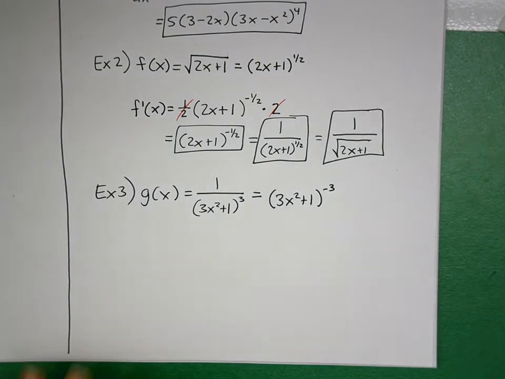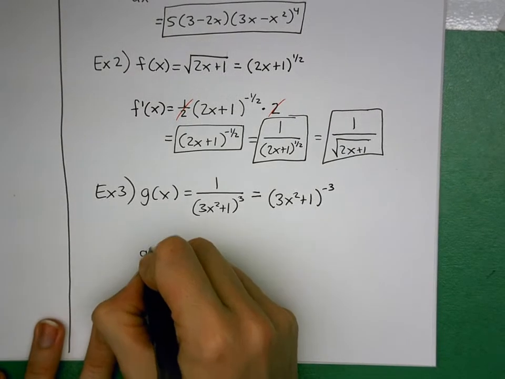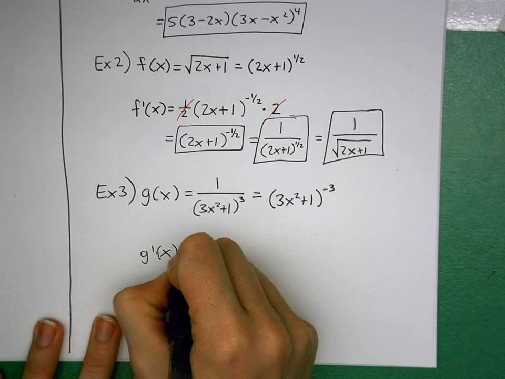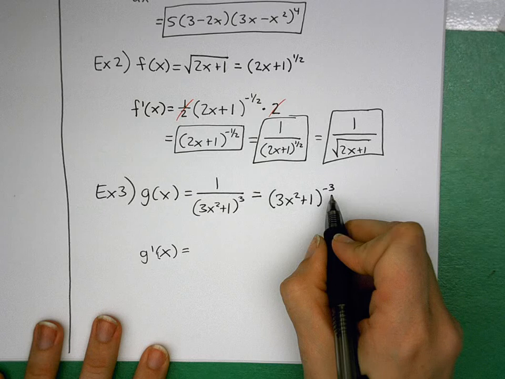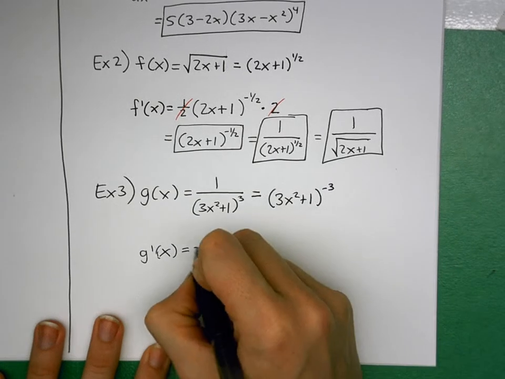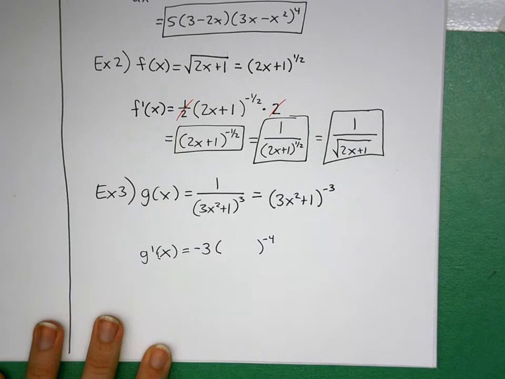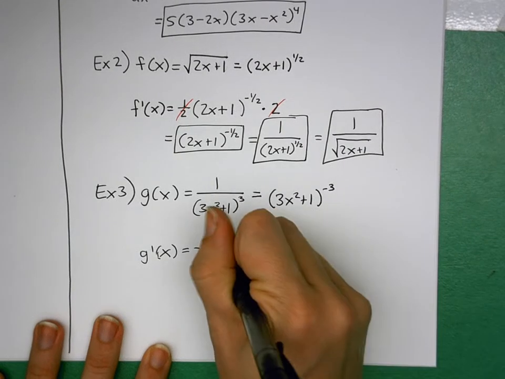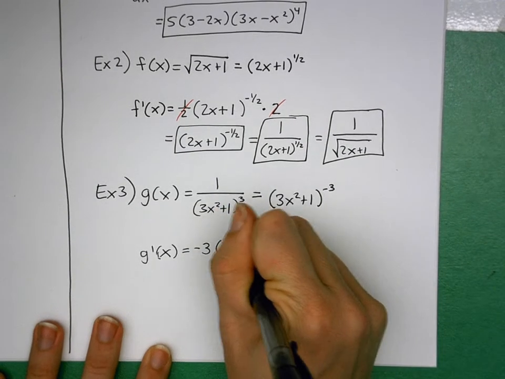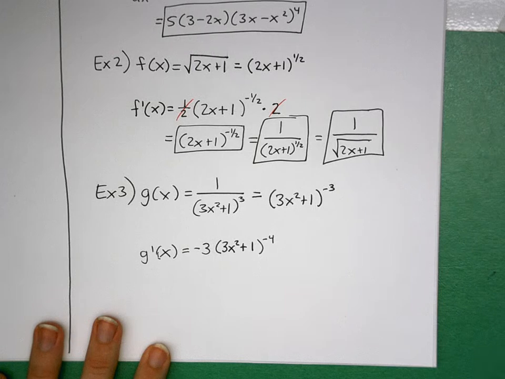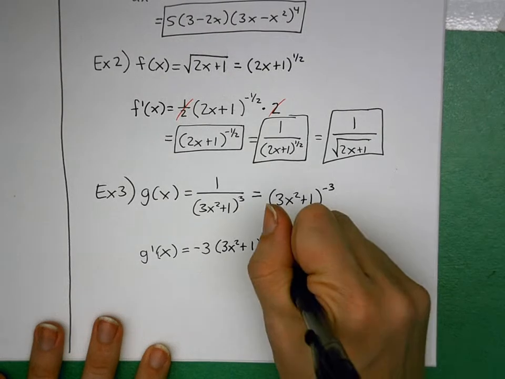Okay, so then applying our power rule here, I'm going to go ahead and bring this negative 3 down in front. Subtract 1 from the exponent, and then my g of x stays g of x. After the fact, take the derivative of g of x.